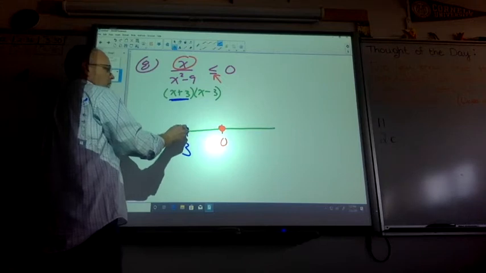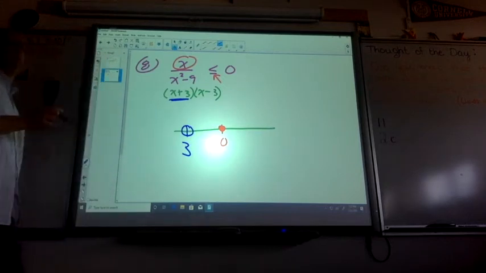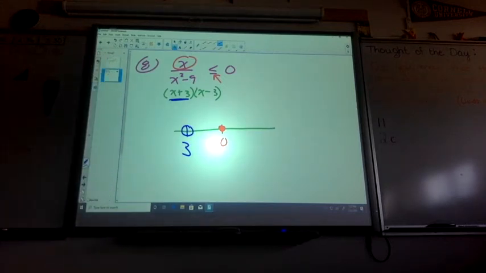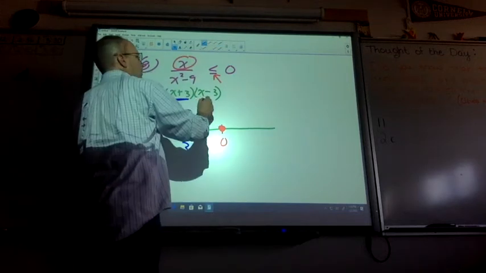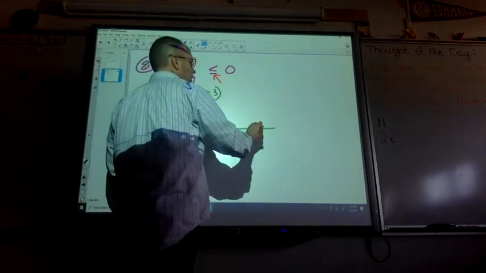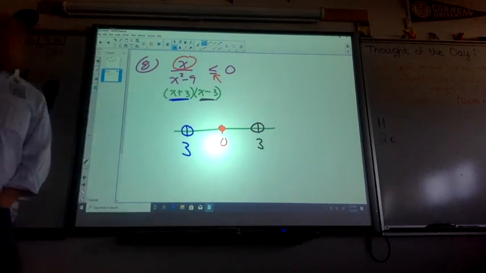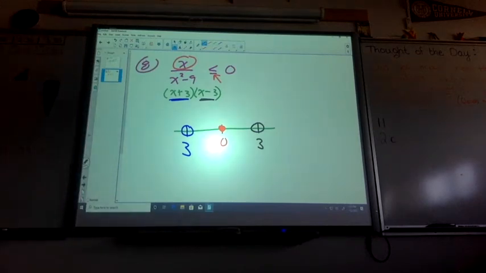Okay? And I'm going to put an open dot there. The reason I'm putting an open dot there is I plug -3 in, that makes my denominator 0, which is a big no-no. And then if I plug this point in right here, this tells me that +3 is a critical value, but it's not going to exist on our graph.